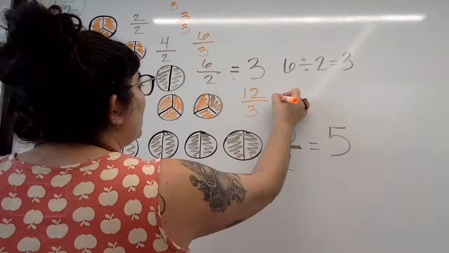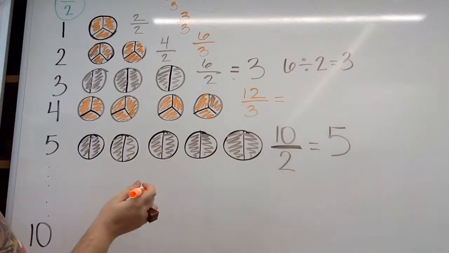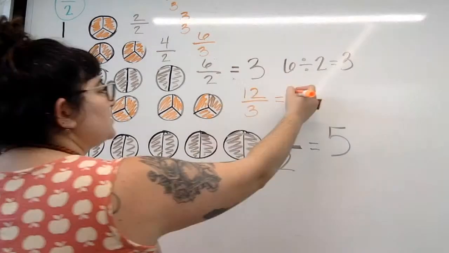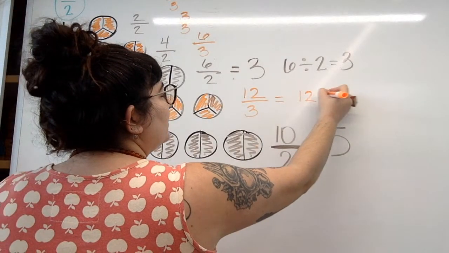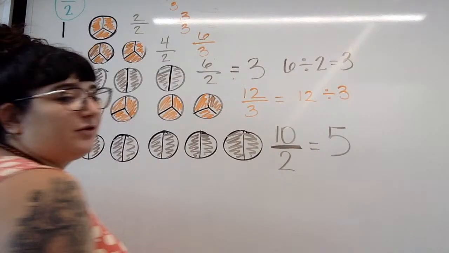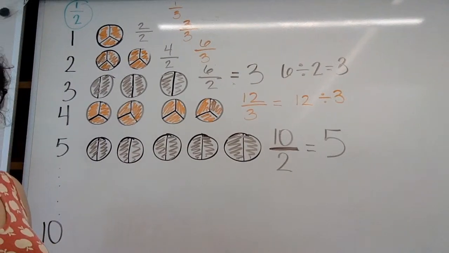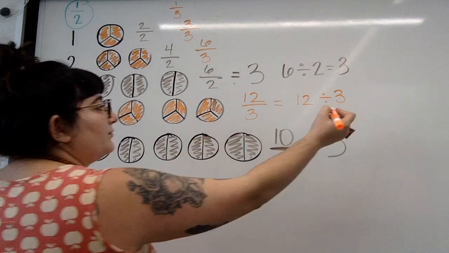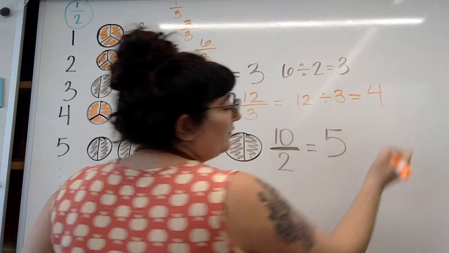So how many wholes do we have? Well, what's 12 divided by 3? That's right, 4.